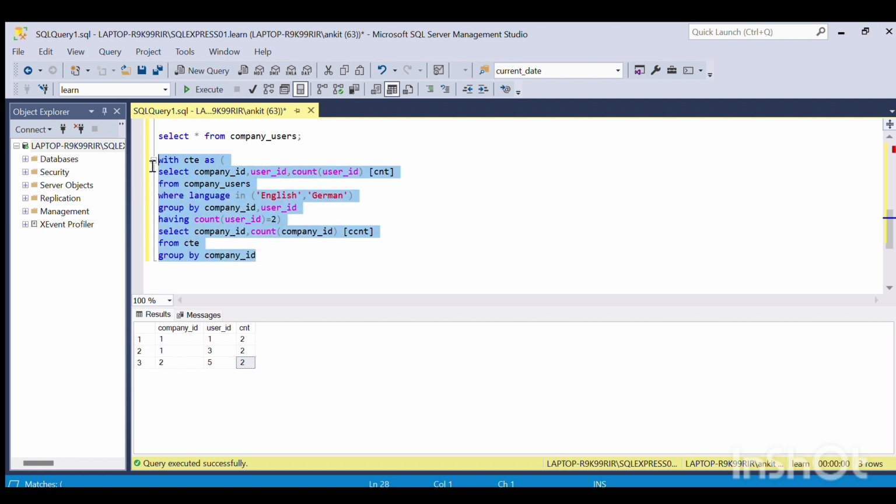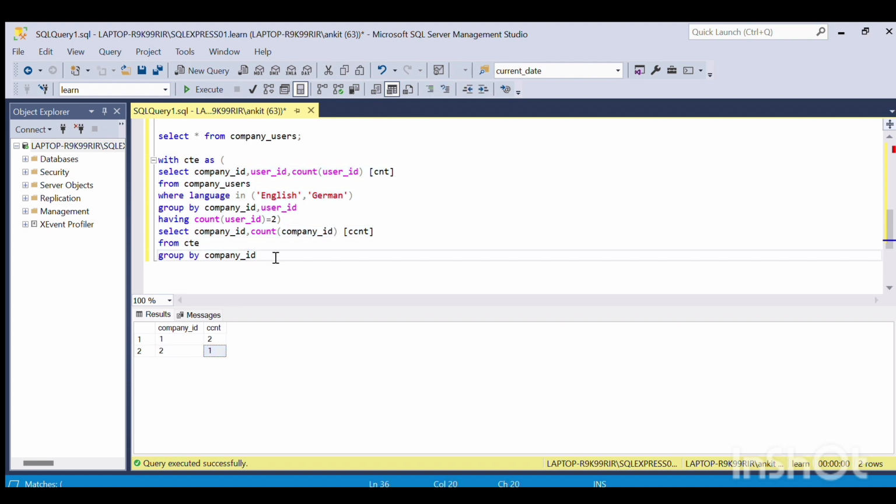Now if I run this query, see, for company ID 1 we have two users who know both the languages, that's why it's showing 2. For company ID 2 we have only one user, that's why it is showing 1. I hope it is clear now.